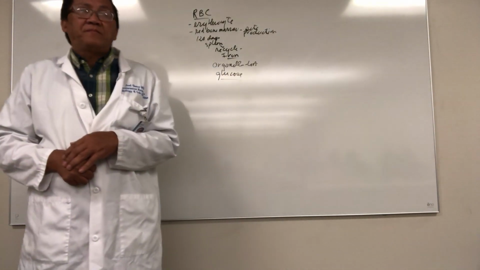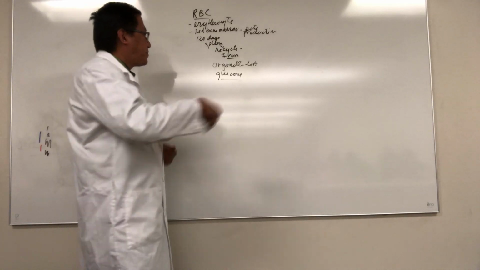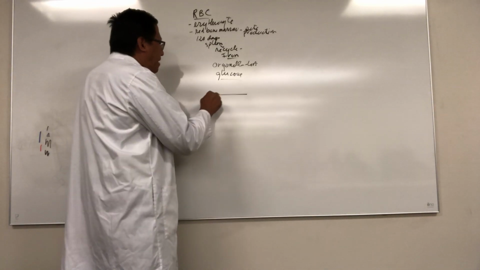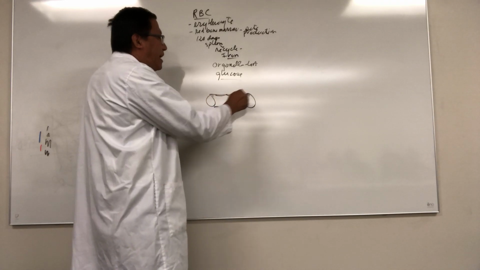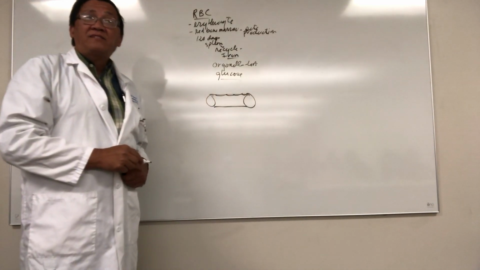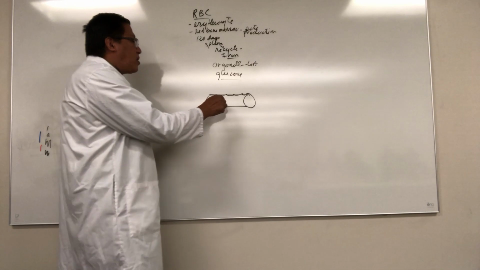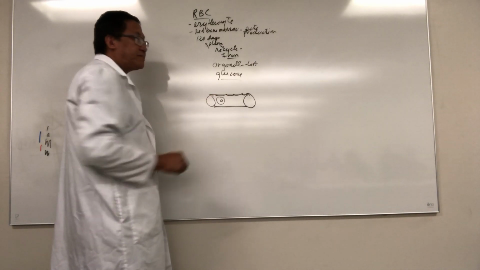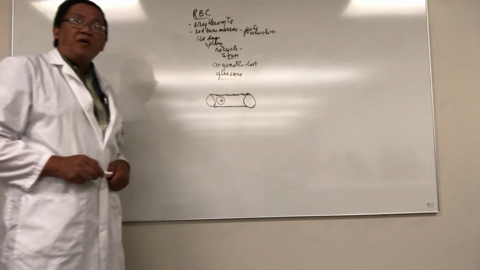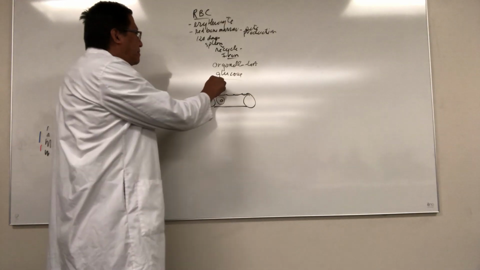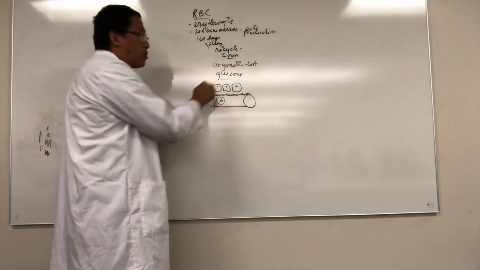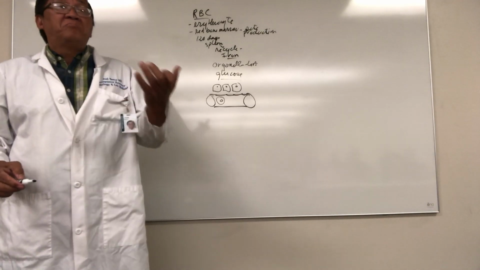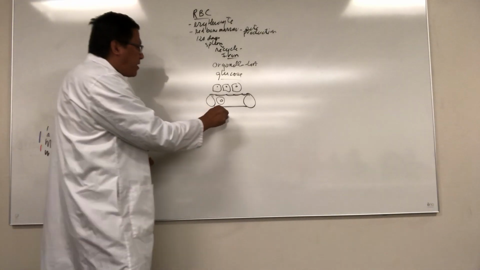And apparently, if you look closely here, if this is a capillary like this, it's only made up of squamous cells, very flat cells. It can only accommodate one red blood cell. And what is surrounding a capillary? A cell. It could be a muscle cell, brain cell, whatever cell, around the capillaries.